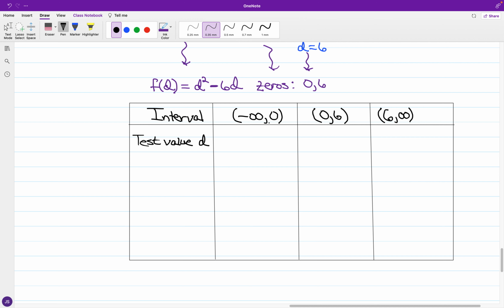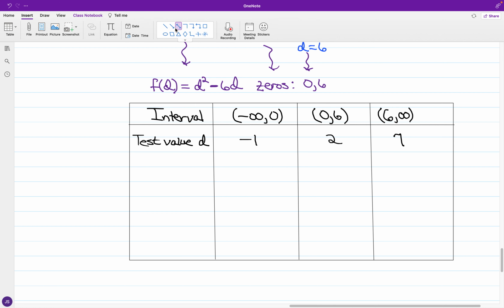Here we have to select a value that is less than 0. I'll say -1. Anything between 0 and 6, I'll just go with the number 2. Anything higher than 6, I can select the number 7.